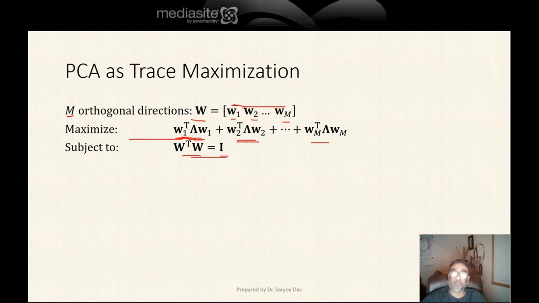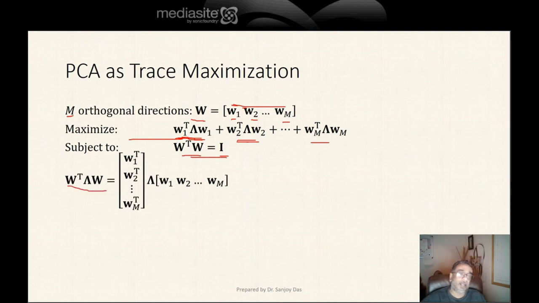unit vectors. So now let's look at this W transpose, uppercase W, that's the matrix, times covariance matrix lambda W. And this W is given by this equation here. W is a matrix whose individual columns are the directions that we want to obtain.